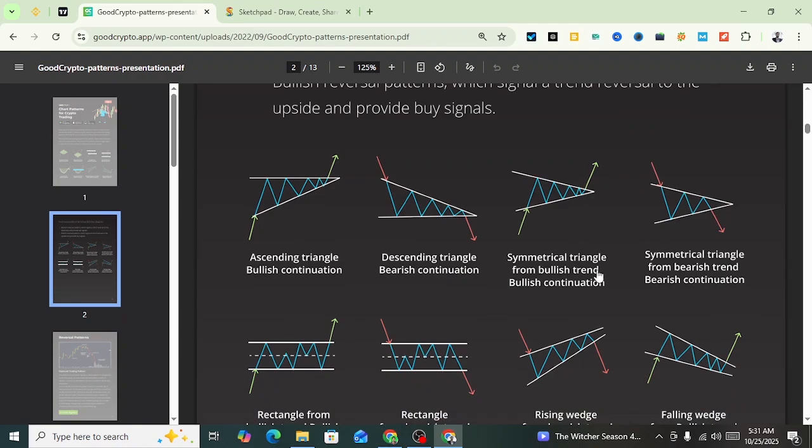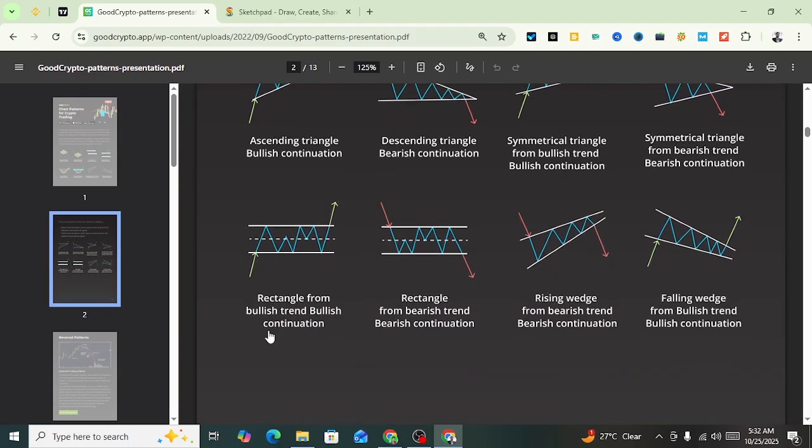And the symmetric triangle is the same one, so you have to understand the upper line and the lower line. There are different types of patterns, and this is the triangle type. With that system, you can see the rectangle forms bullish continuation.